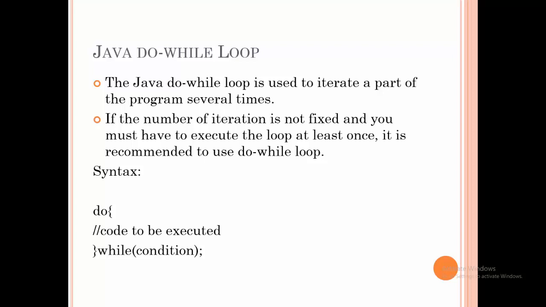So that is the main difference between while and do while loop. So here is the syntax. Do, open curly braces, then the code to be executed, then closing the curly braces with the while and a condition to be checked.